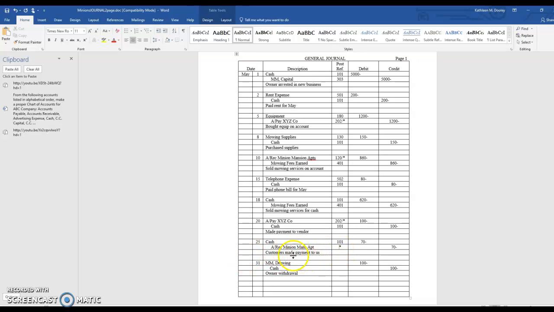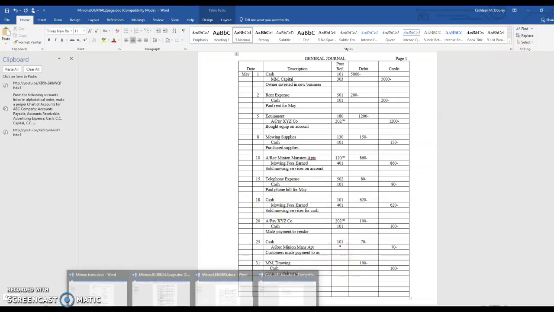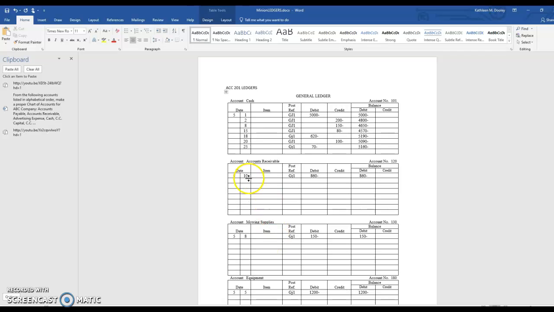And we have accounts receivable credit of $70 on the 25th. Previous balance is $860 debit. This is a credit, so we have to subtract.